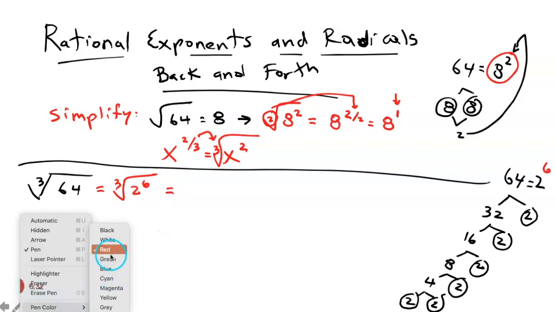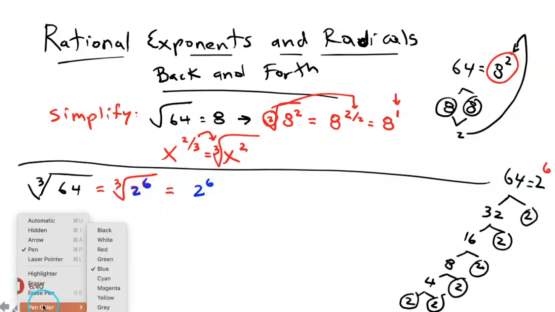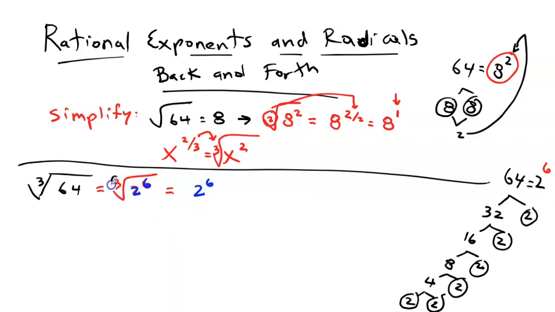Let's make a point right here. In blue, 2 to the 6th power comes out. My index will divide my exponent. Okay, therefore the exponent 6 divided by 3 is 2. 2 squared, 2 times 2, is 4.